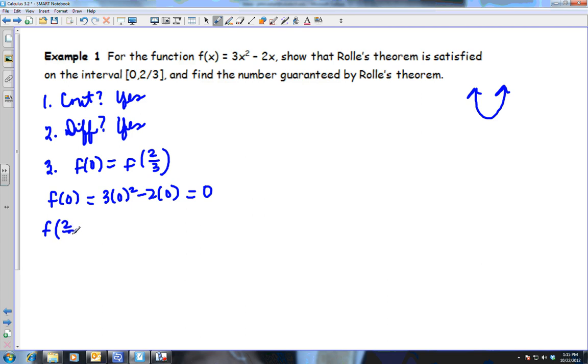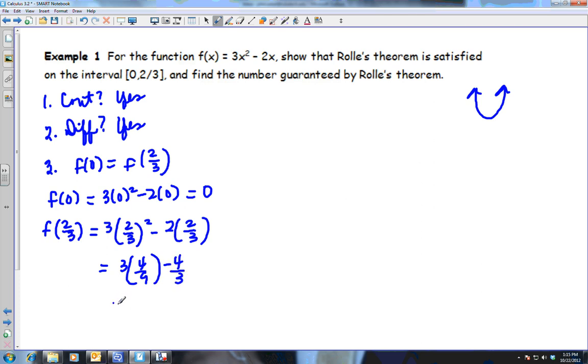When I plug 2/3 in, I get 3 times 2/3 squared minus 2 times 2/3. So that's 3 times 4/9, so that's 12/9 minus 4/3. 12/9 can be simplified to 4/3.